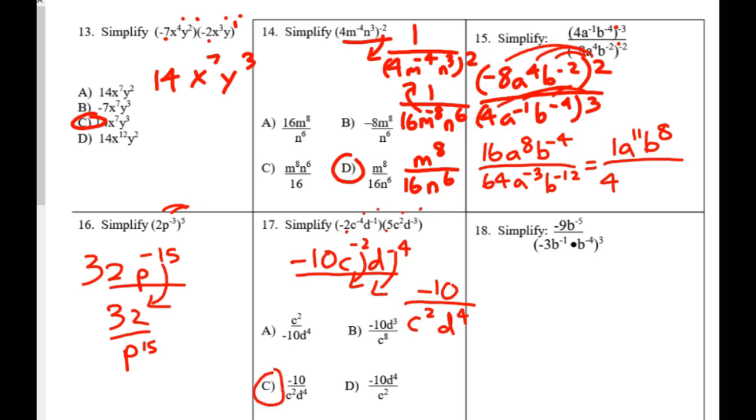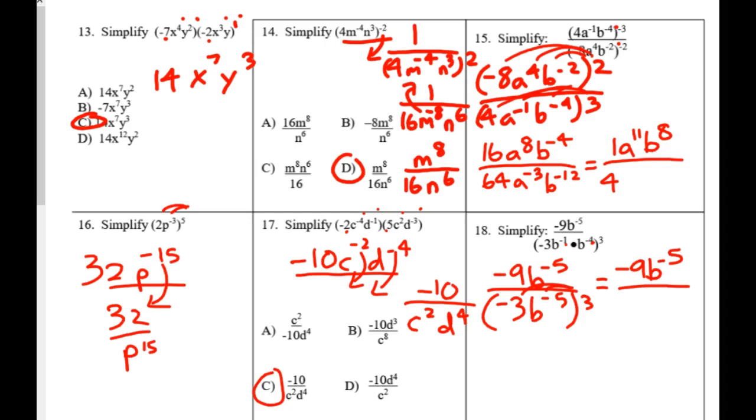And this last one. So let's simplify this on the bottom. So the top is the same. The bottom is negative 3. And then negative 1 plus negative 4 is to the negative 5. And that's still cubed. So I'm going to distribute the cubed. So negative 9b, negative 5 is on top still.